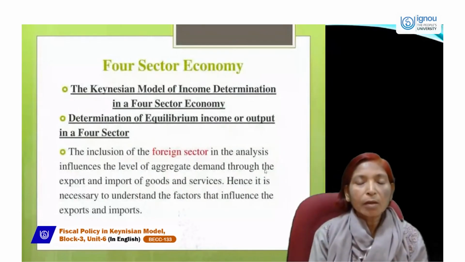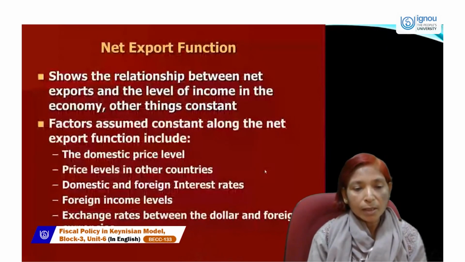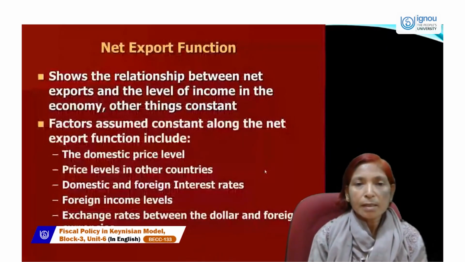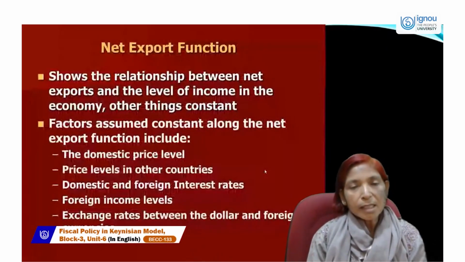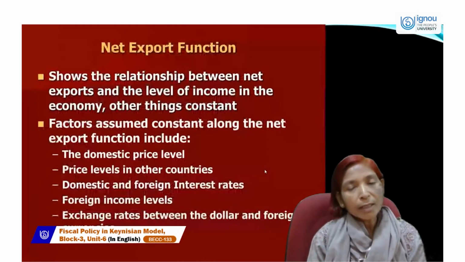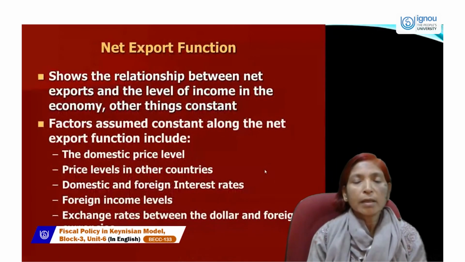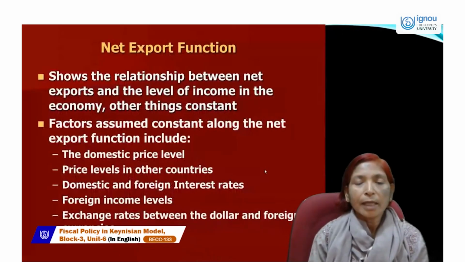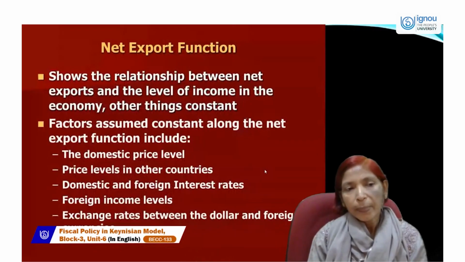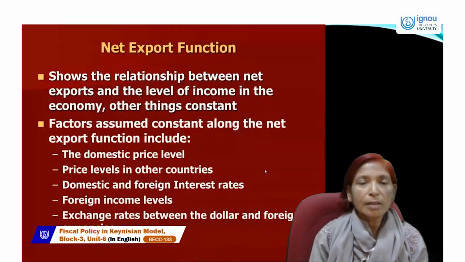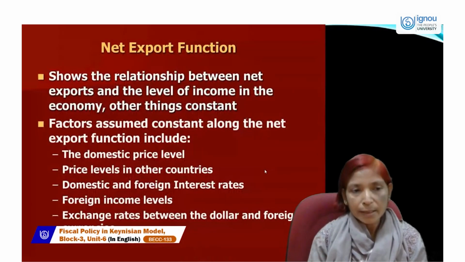Now, in a four sector economy, the net export function is a very important concept. What does the net export function show? It shows the relationship between net exports and the level of income in the economy, other things remaining constant.